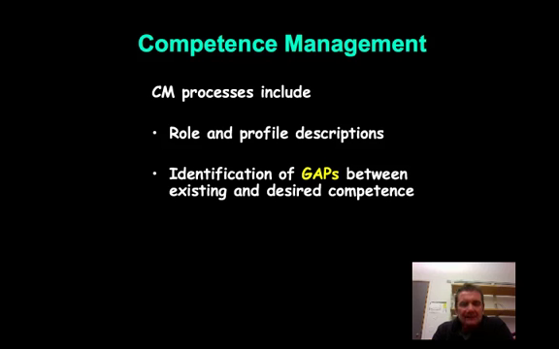One of the core things that we want to do in competence management is to identify what is the existing level of competence throughout the organization, and then we want to define what we perceive as the wanted or desired level of competence, and we want to assess then the gap between what's now and what we want.